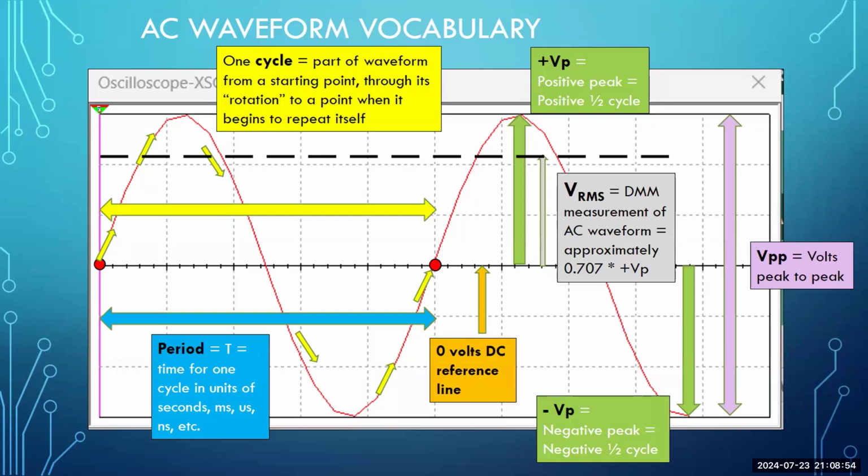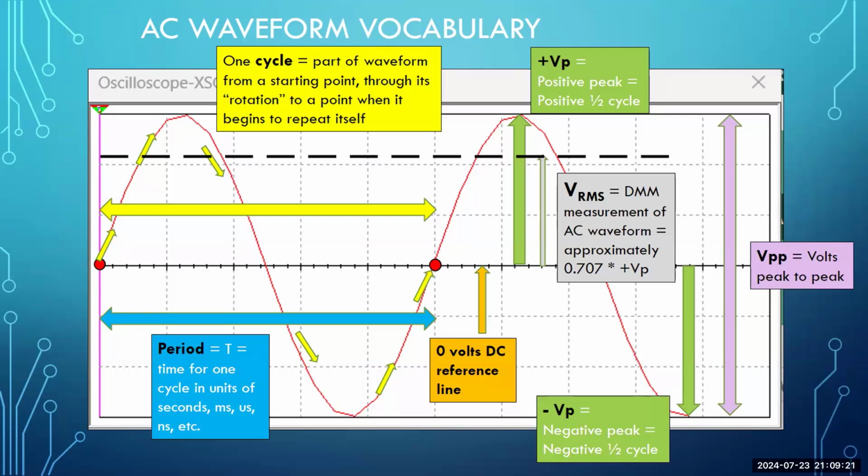You just simply take the V peak and you multiply it by 0.707. So it's roughly 70.7% of the peak, which is represented by the bold dashed black line. We'll talk more about this when we get into measurements and why it's significant in later lessons. But right now, I just want to get the introductory vocabulary in your hands.